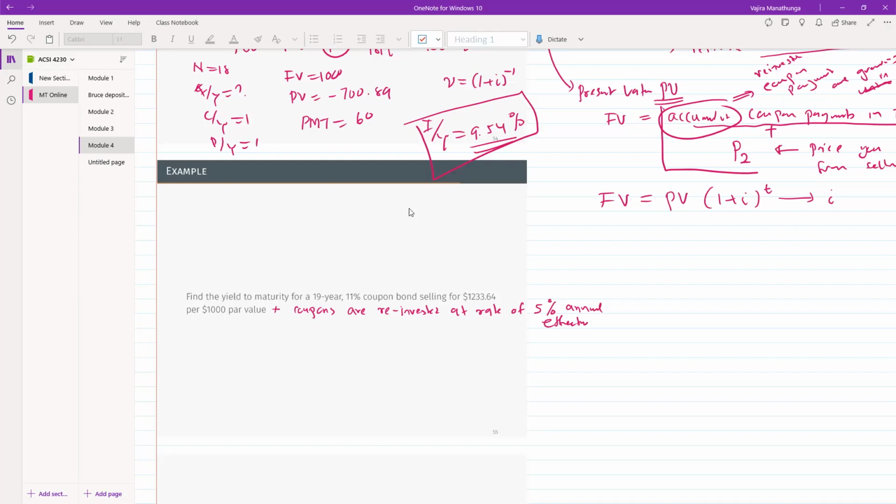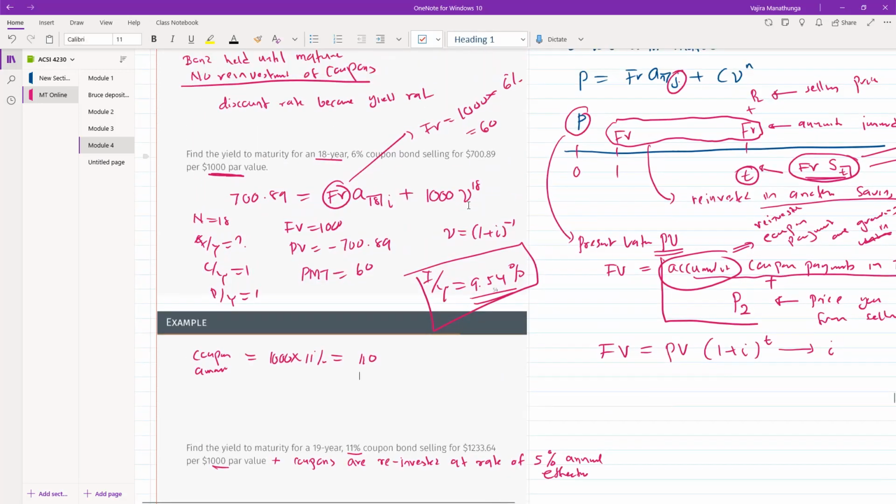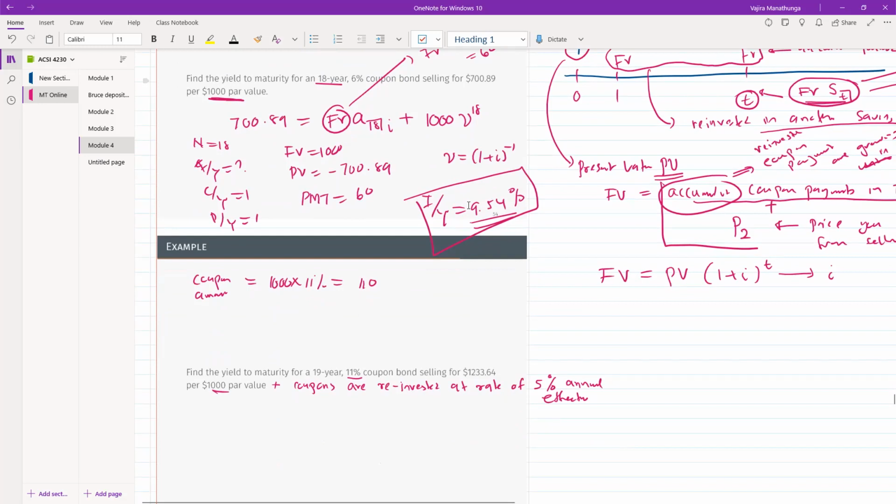So let's say you do this modification. What happened? Now the coupon amount: what's the coupon amount? 11% of 1000, so it's going to be $110.